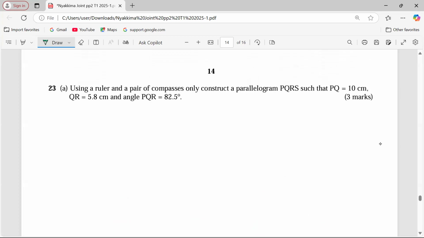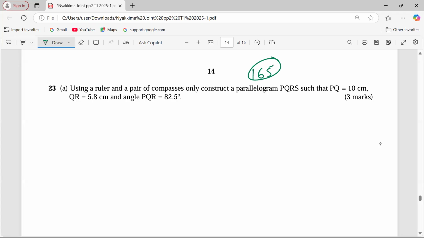Something very interesting is that there are some special angles which can be constructed with a ruler and a pair of compasses without the use of the protractor which measures angles. So when you are given a different angle, you should ask yourself, how is it related to the angles that you can construct directly? For example, 82.5 multiplied by 2 gives us 165.